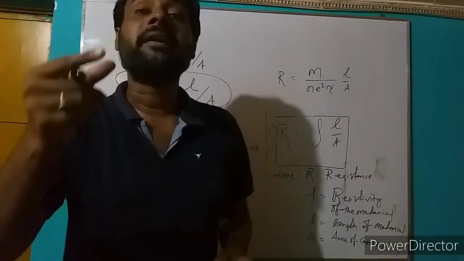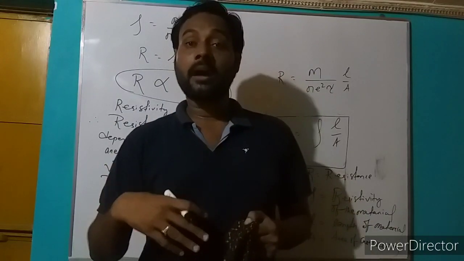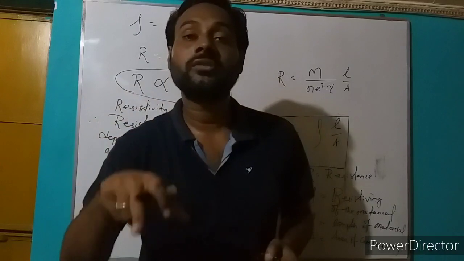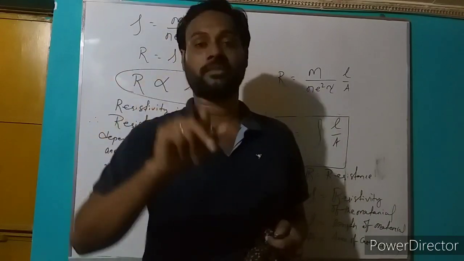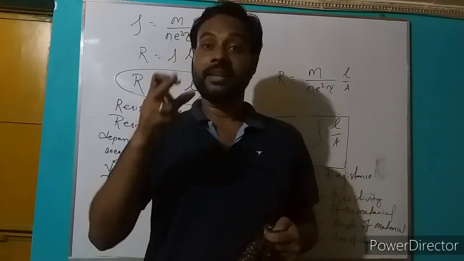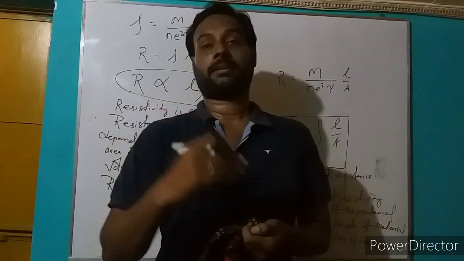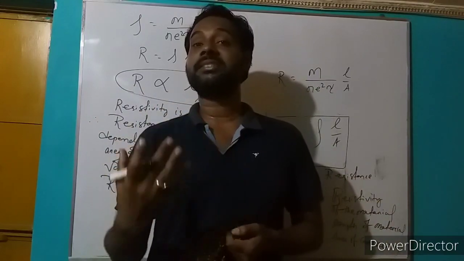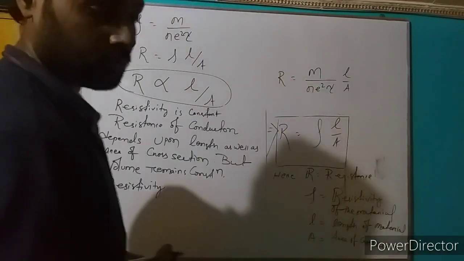So copper material behaves or indicates the nature. The material, like copper, indicates its nature. That's why the nature of the material represents resistivity. That means resistivity of the material depends upon the nature of the material. Okay.